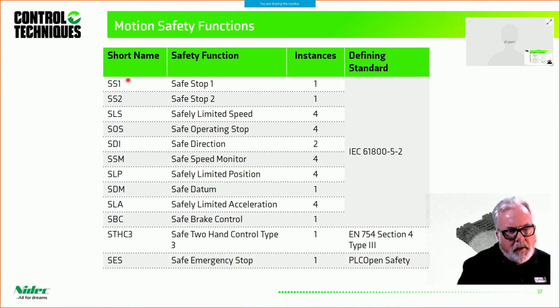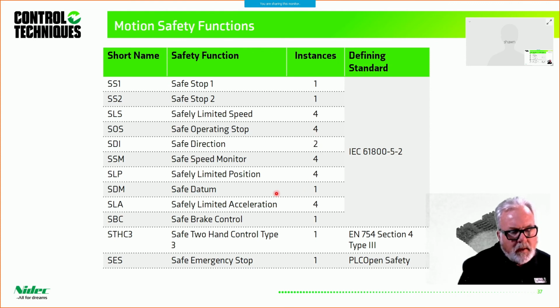So here's a table that shows the functions I just referred to, and you see these instances here. You're going to see when I get into the software tomorrow that for some of these, for example safe limited speed, I can utilize that same function up to 4 times in my setup. That's what instances mean. Safe direction, I can only use 2 instances of.